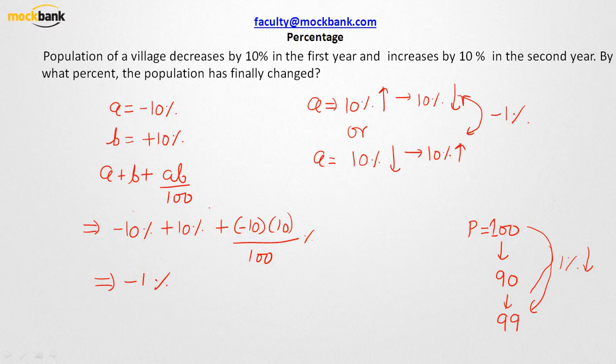The only thing that you have to take care of is, in case of increment, the sign has to be positive, and in case of decrement, the sign has to be negative. These kinds of questions will certainly appear in your examination, and you should not be investing more than 5 to 7 seconds to solve such problems.